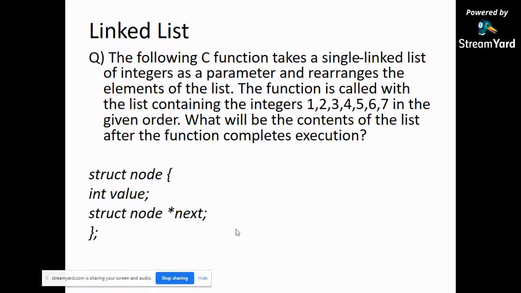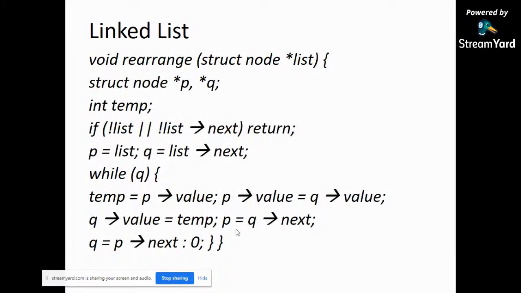So first of all, we had declared the node part, then the function void rearrange. Now here we had declared two pointer variables, one is p, one is q, one normal temporary variable. Now the first condition is if not list or not list of next, then return.